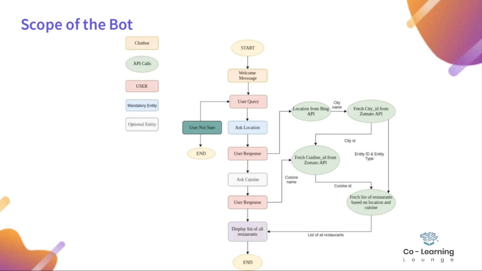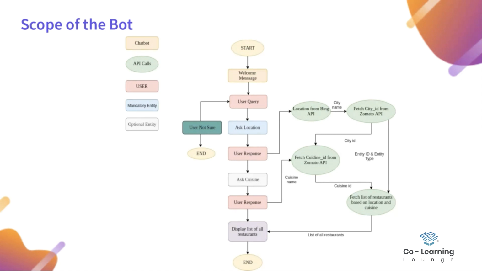When we talk about APIs, they are not that simple where we directly hit the location name or cuisine name and get the final output, right? To make it more structured and scalable, they use some sort of ID to map things. So basically what we're doing here is converting a location, a word, into some sort of ID, and the cuisine, which is a word again, into some sort of ID, and using those IDs to get the list of restaurants.